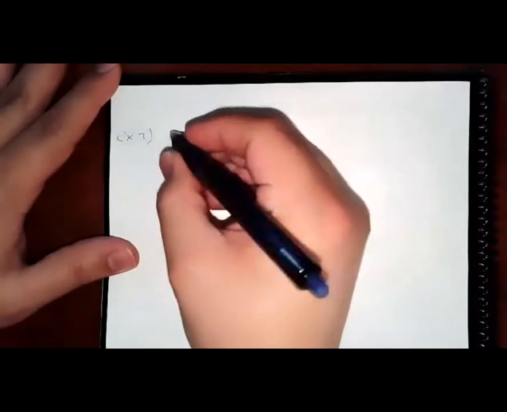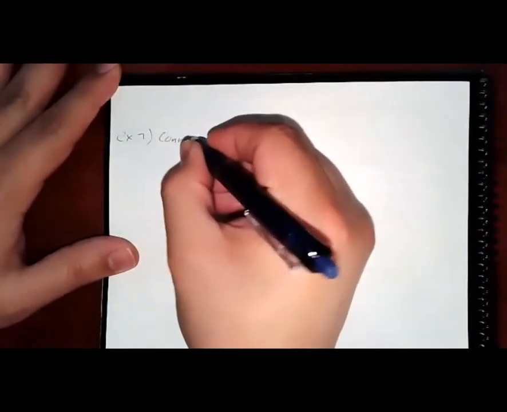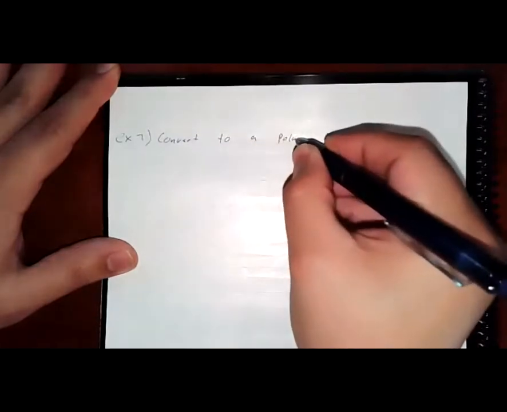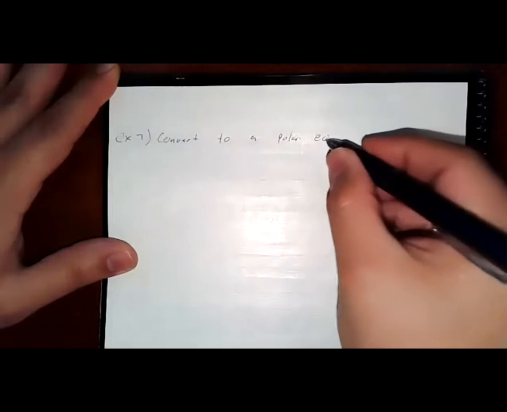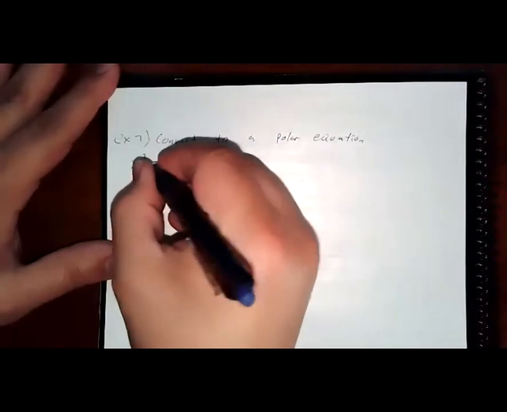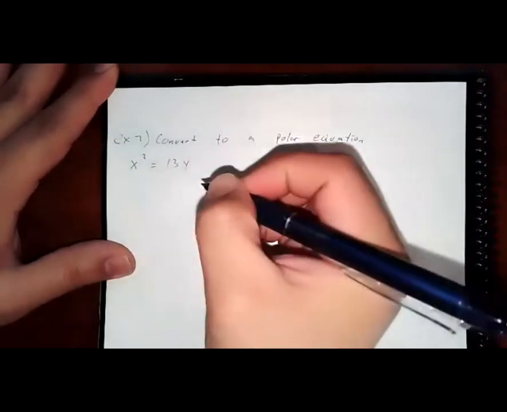Example 7. Convert to a polar equation. So now we're going the other direction. They're giving us x squared equal to 13y.